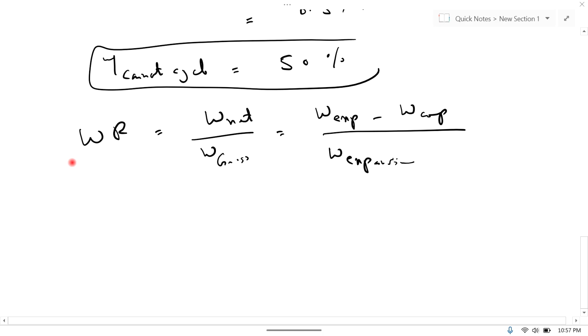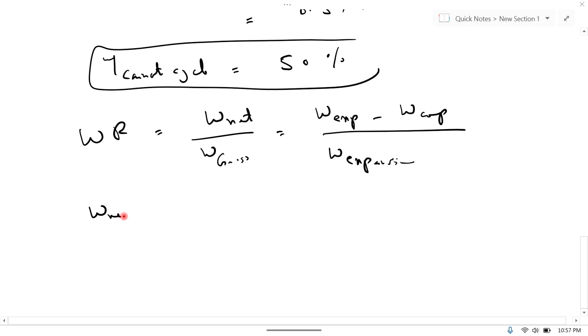So for work ratio, first we find work input. Net work, to find the work ratio, first we have to find net work.